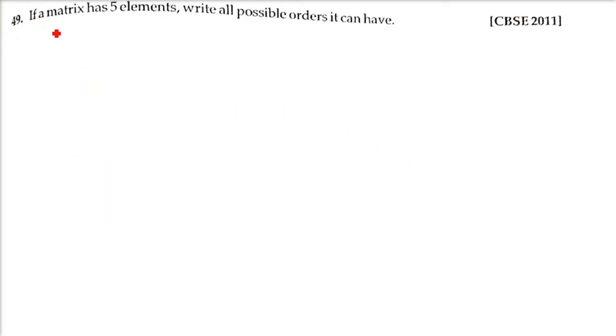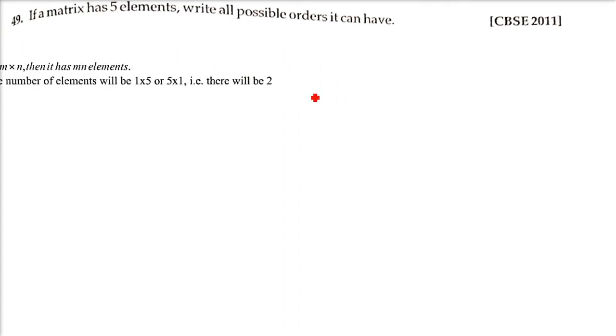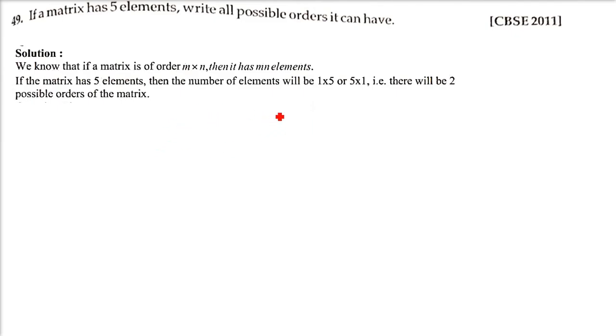If a matrix has 5 elements, write all possible orders it can have. See, every matrix will be the multiplication of row and column, m into n. So can you tell me which are the two numbers which when multiplied gives you 5? Positive integers. It can be only 5 into 1 or 1 into 5. That is, any matrix A will be m cross n, and then m cross n has to give you 5 elements.